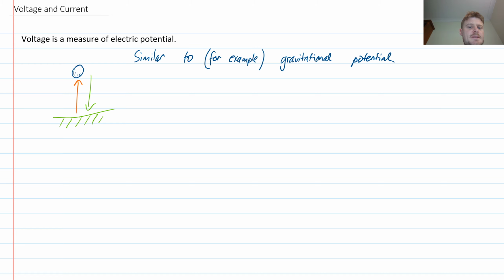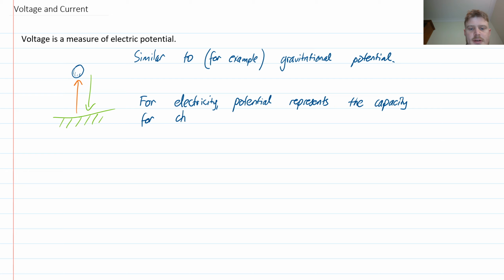However, for the case of electricity, what we have here is the potential for charge to do work. So for electricity, potential represents the capacity for charge.